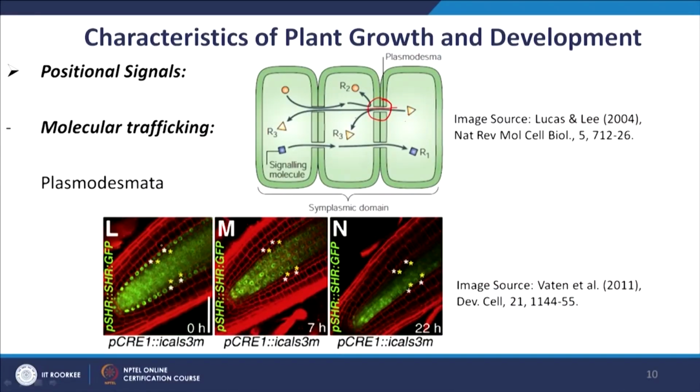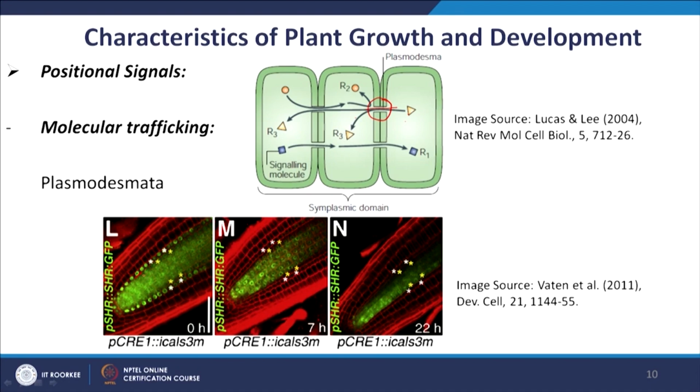But if you look at this picture, is the short root protein moving through the plasmodesmata, and how has it been tested? There is a program through which you can actually block the plasmodesmata between the endodermis and the vascular tissues.